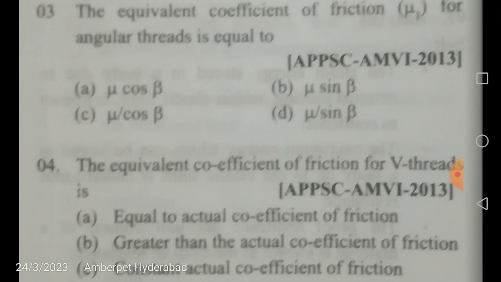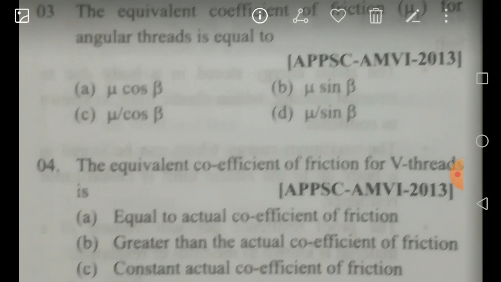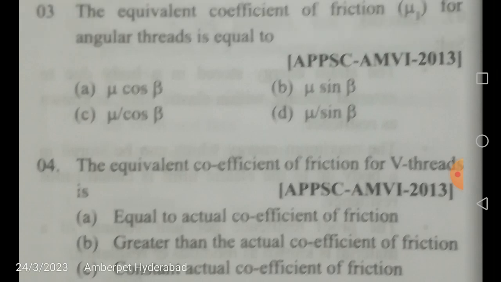So in V threads, the normal reaction acts at an angle beta, that is the semi groove angle. If 2 beta is the groove angle, beta is the semi groove angle. So mu dash, the equivalent coefficient of friction, is equal to mu by cos beta.